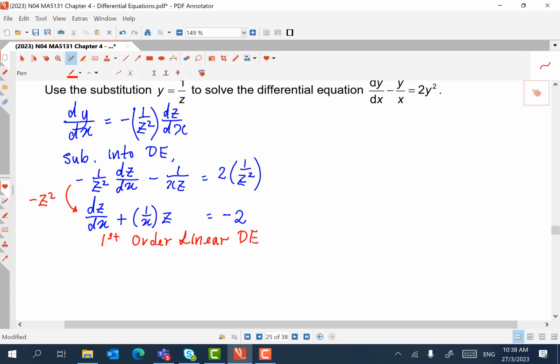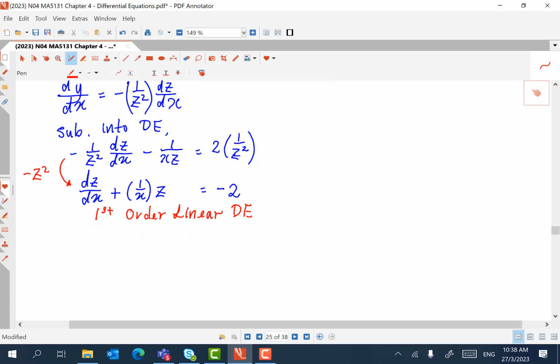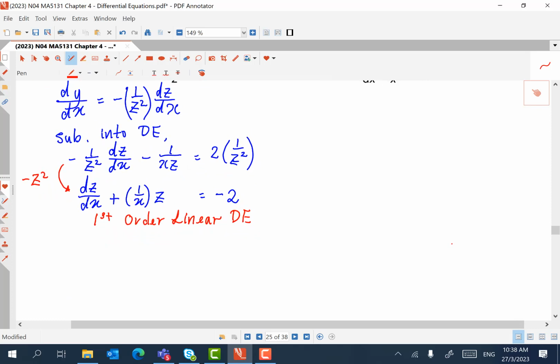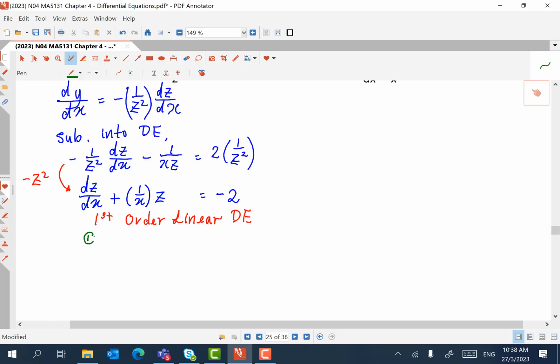Right, first order linear DE. And then if you see this as the first order linear DE, there is already a known method to solving this. So firstly, what do you do? You find the integrating factor.